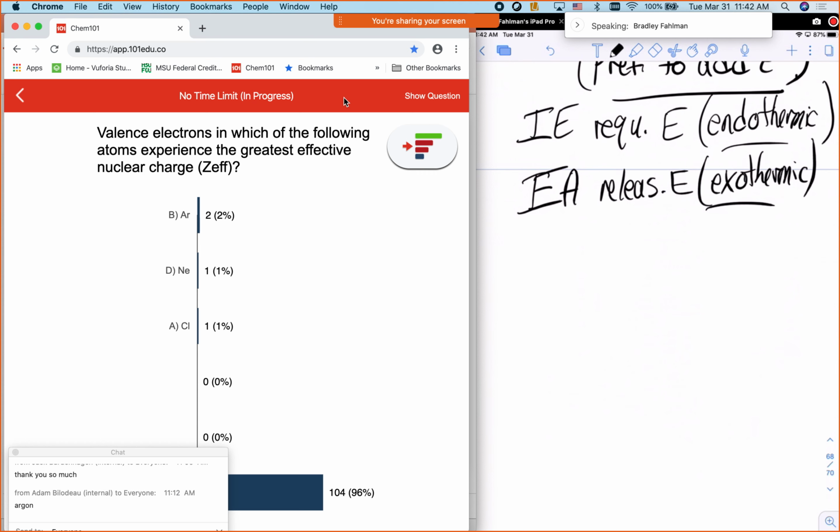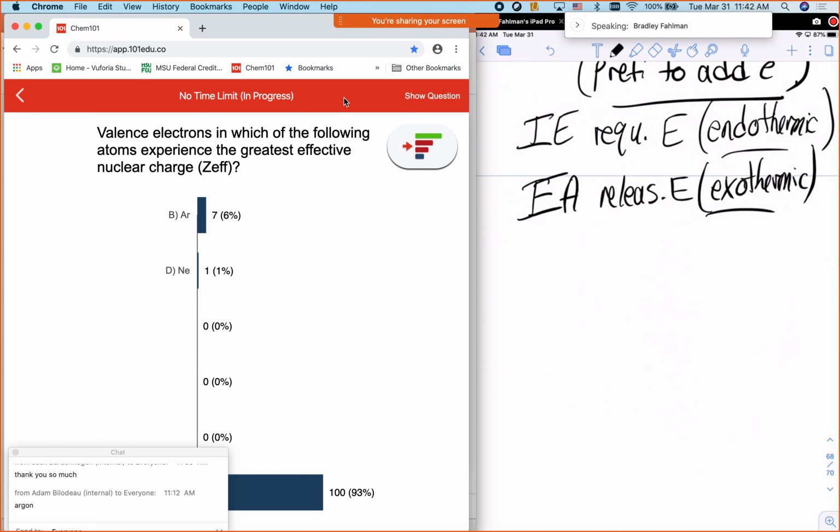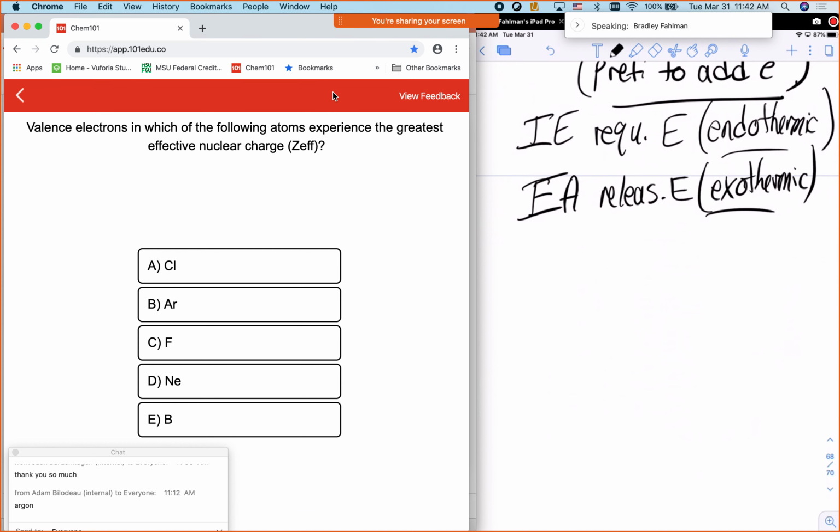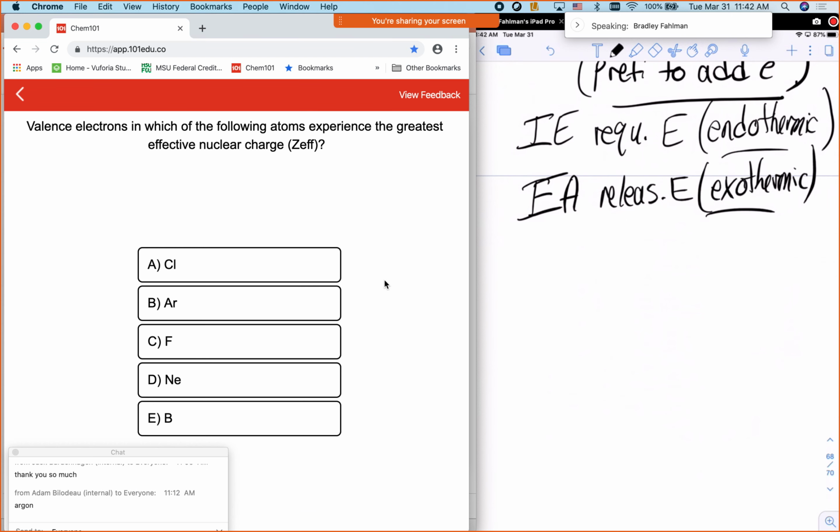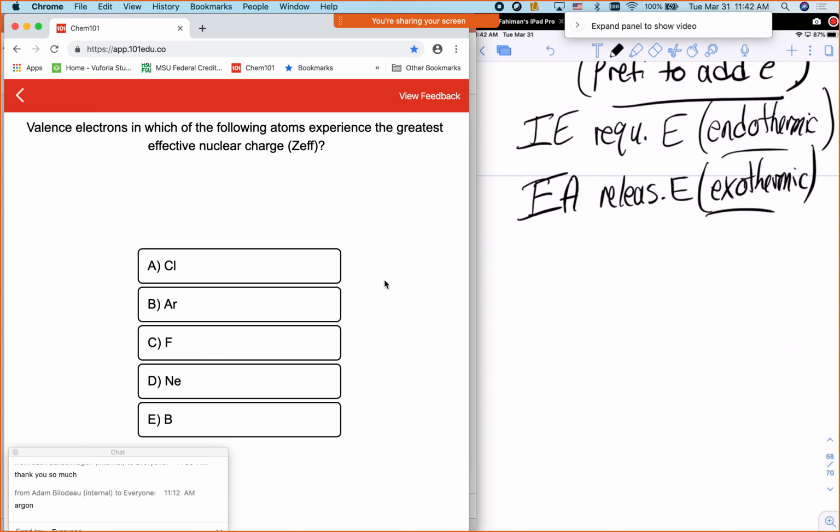So valence electrons in which of the following atoms experience the greatest effective nuclear charge? And by valence electrons, I am talking about the electrons that are farthest from the nucleus.